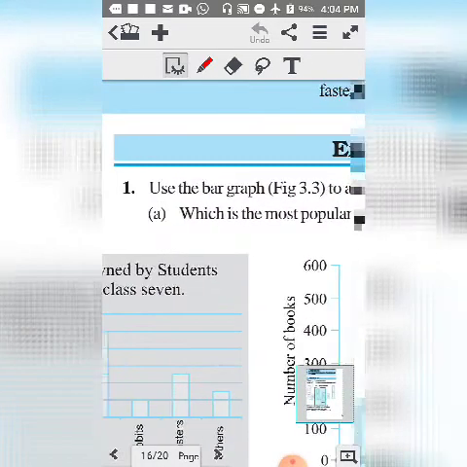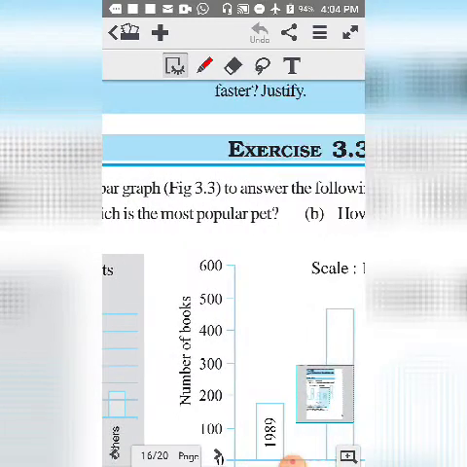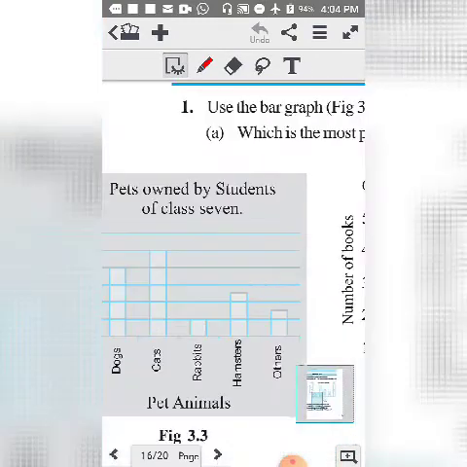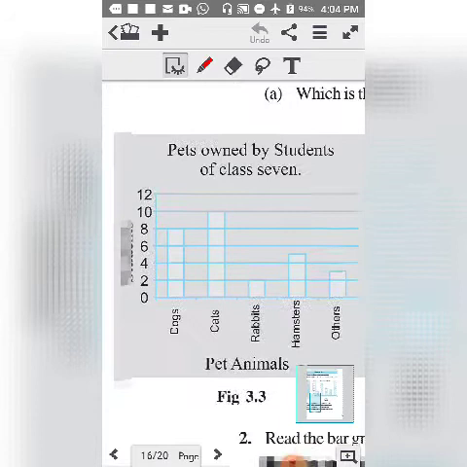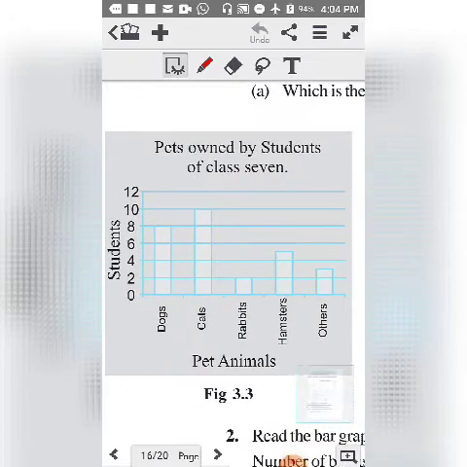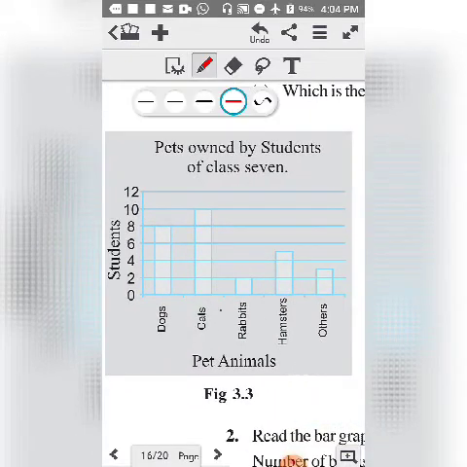Now which is the most popular pet? The most popular pet is the one whose number is maximum. So we can see that the cats are most popular because the number of children who are having cat is 10. The number of children who are having dogs is 8.